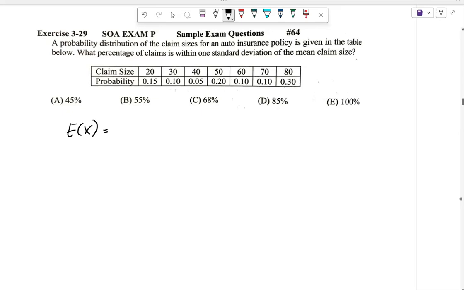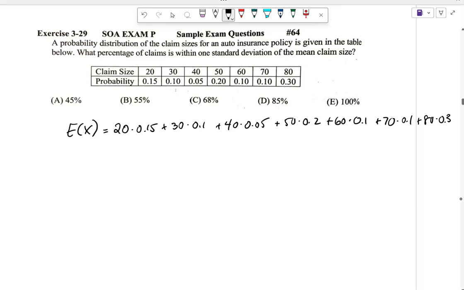We've got claim size times probability, so we're just going to multiply all the way down. So again, we're just taking each x value that's possible, multiplying it by the probability associated with that x value.